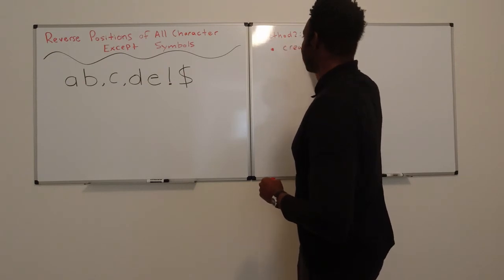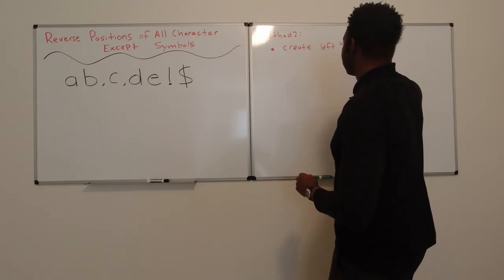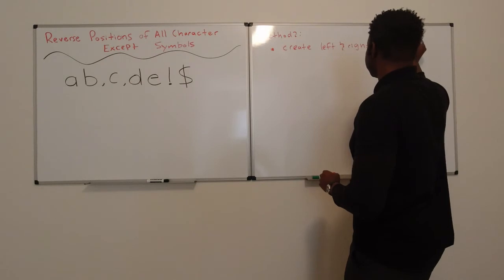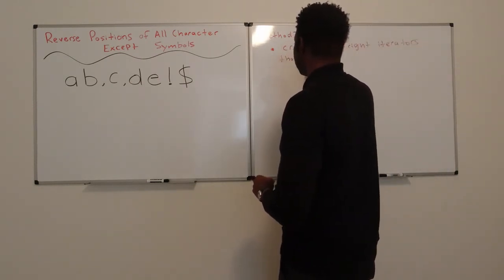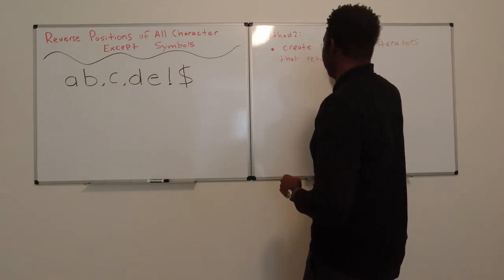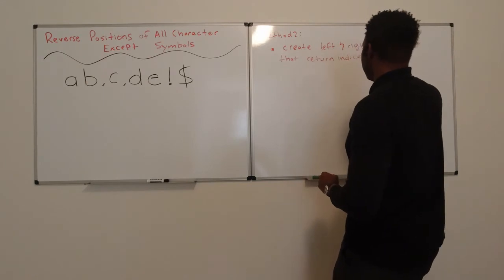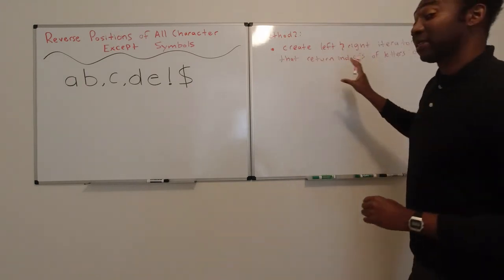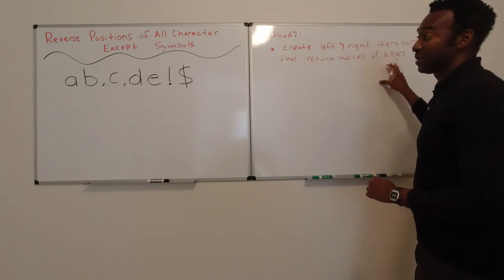So we'll create left and right iterators that return indices of letters only. So again, when I say letters only, I'm emphasizing that these iterators will skip symbols.